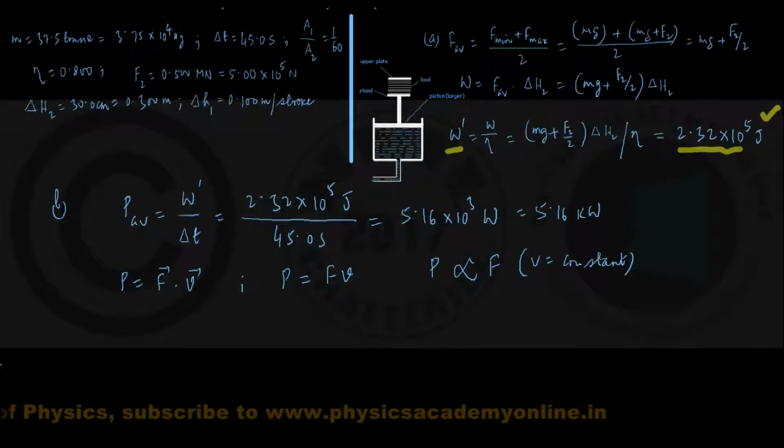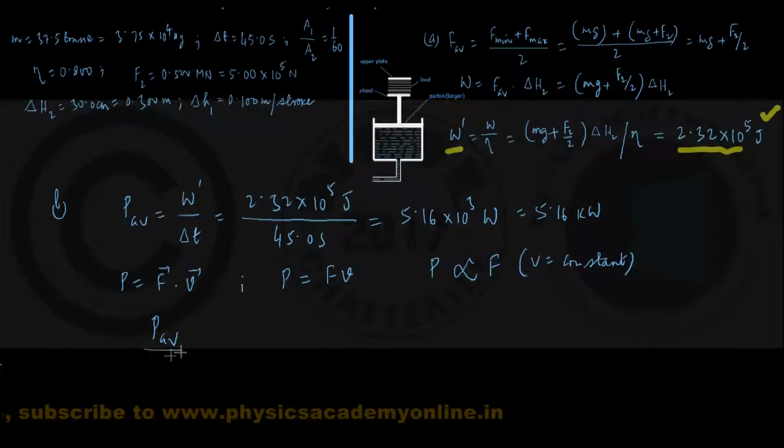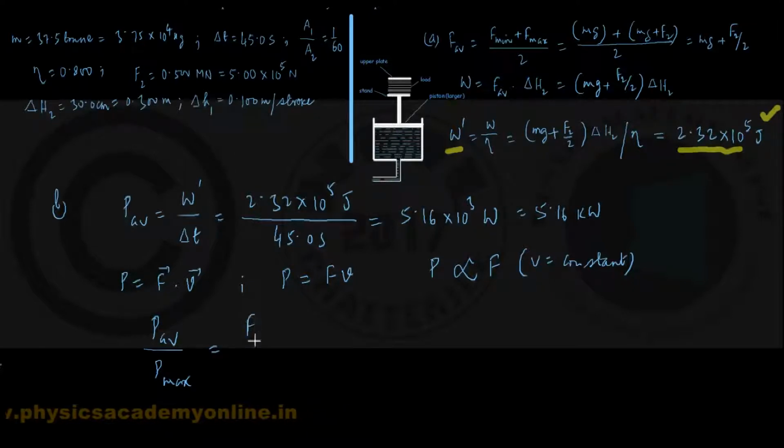So we can write down that the ratio of average power and maximum power supplied by the engine is equal to average force applied by the piston divided by the maximum force applied by the piston.